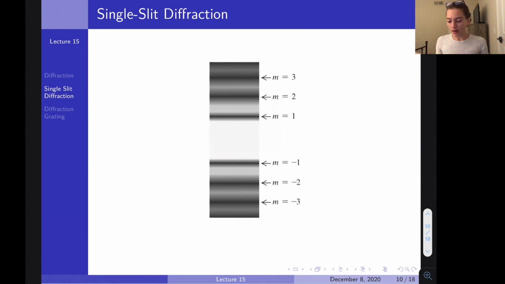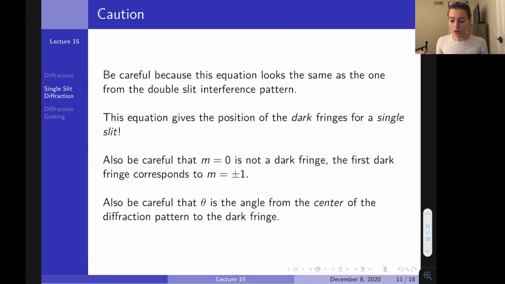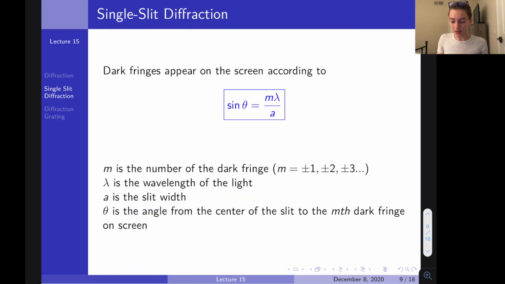So a couple important things to note here. You have to be careful because this equation that we just had, this one right here, obviously looks a lot like the equation that we saw in chapter 35, but now we're looking at the dark spots for a single slit, whereas in chapter 35 we had the same equation, but it was the bright spots on a double slit.